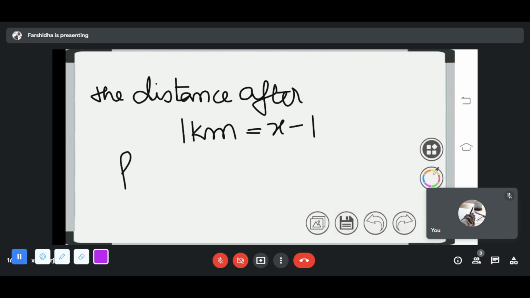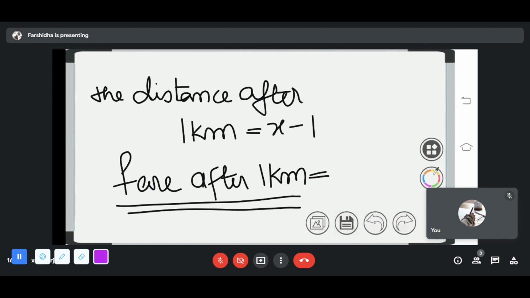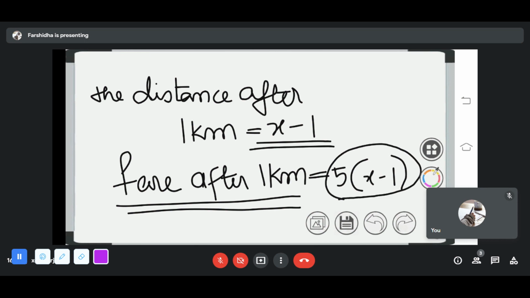So what will be the fare? Fare after 1 kilometer. You have written fare after first 1 kilometer is rupees 5 per kilometer, right? So in this way, what will be the fare after 1 kilometer? 5 into x minus 1, because after 1 kilometer the fare is 5 and distance is x minus 1. So it will be 5 into x minus 1.